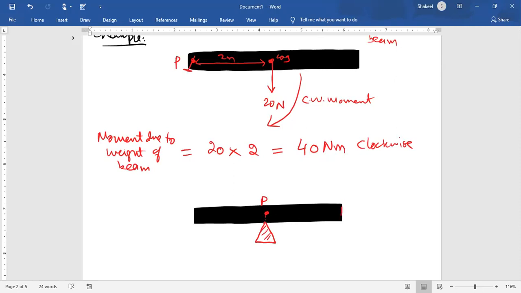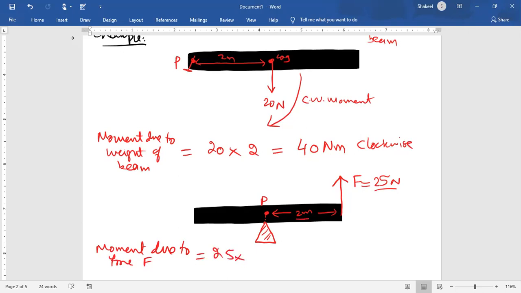Let's say someone is applying a force in this direction, and the force is 25 Newton, and its distance is again 2 meters from the pivot. Now if you want to measure the moment due to force F, that will be 25 times its perpendicular distance from the pivot, which is 2. So that will be 50 Newton meter anti-clockwise.